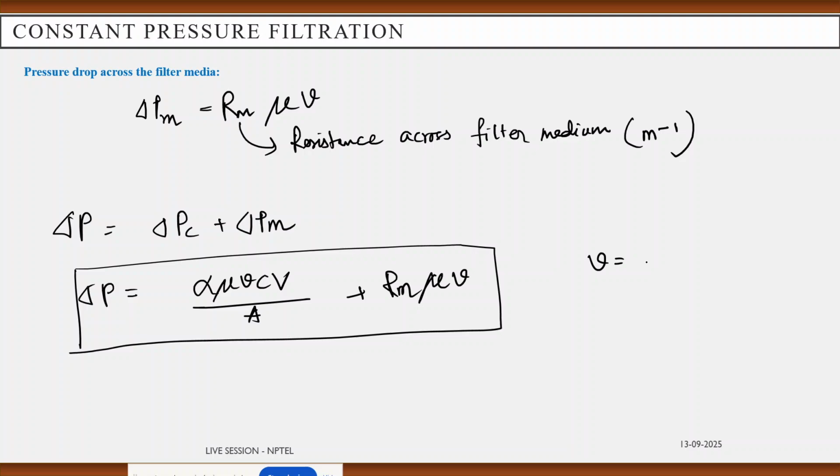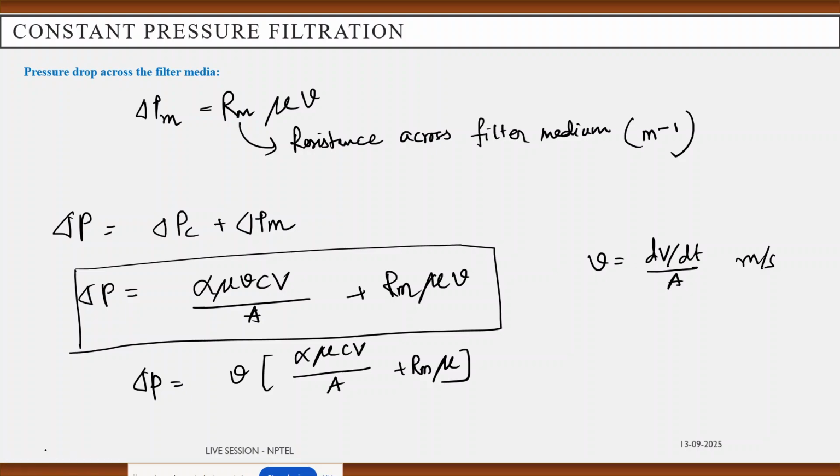Where V equals dV by dt by A, which is in meter per second. So if you just rearrange this equation, you will get V by A and Rm into mu. And from that, you will get V equals del P by this.